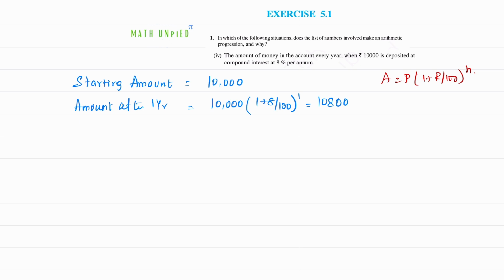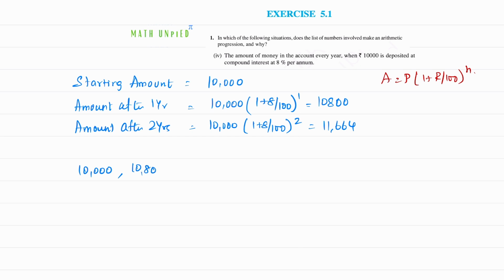So amount after 2 years will be 10,000 into 1 plus 8 over 100 power 2, and if you calculate this, it comes to 11,664. So it's enough if you take 3 terms, because clearly this is not going to be an AP because interest is getting compounded. So let's see how the sequence is coming. So the sequence is 10,000, 10,800, 11,664.